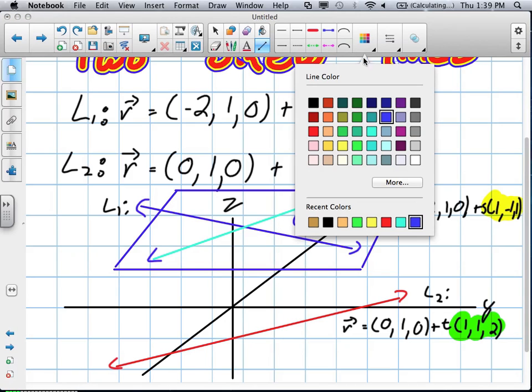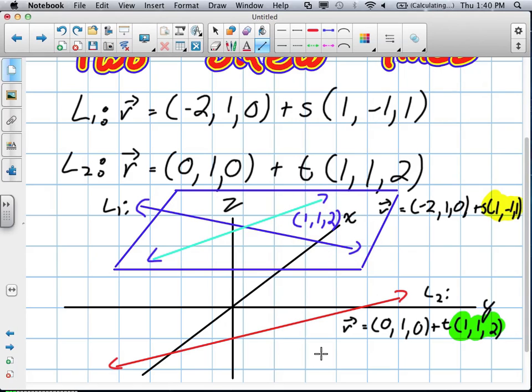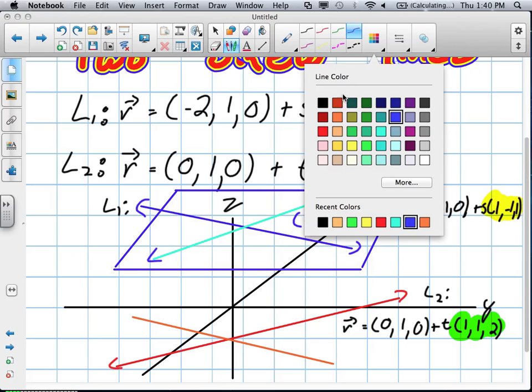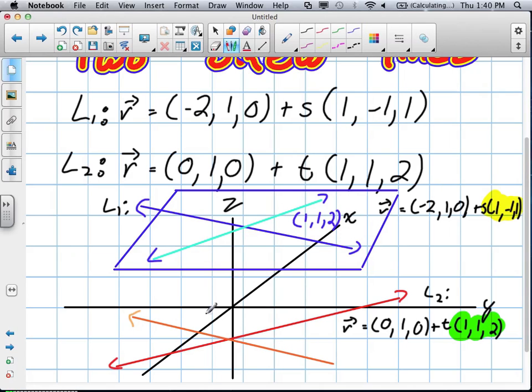And we're going to do the same thing at the bottom. Okay, we'll change it to an orange color. This vector is going to have the same direction as the one above. The only difference is it's going to have this direction, (1, -1, 1).